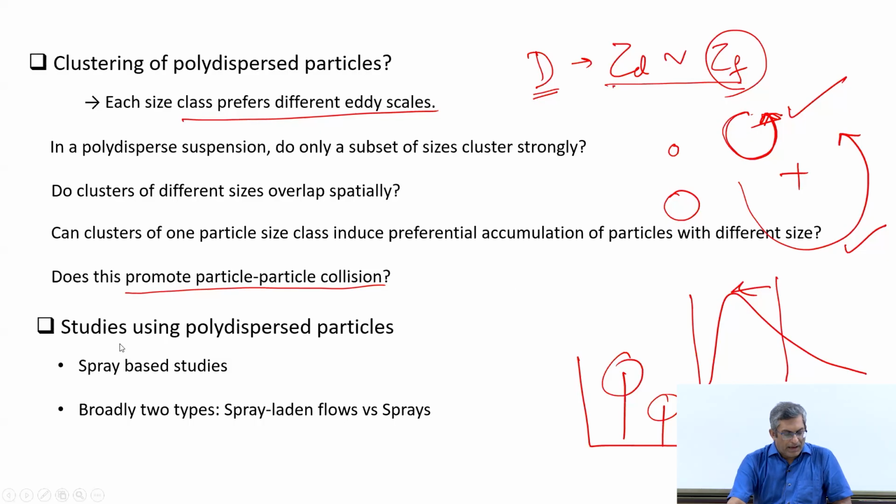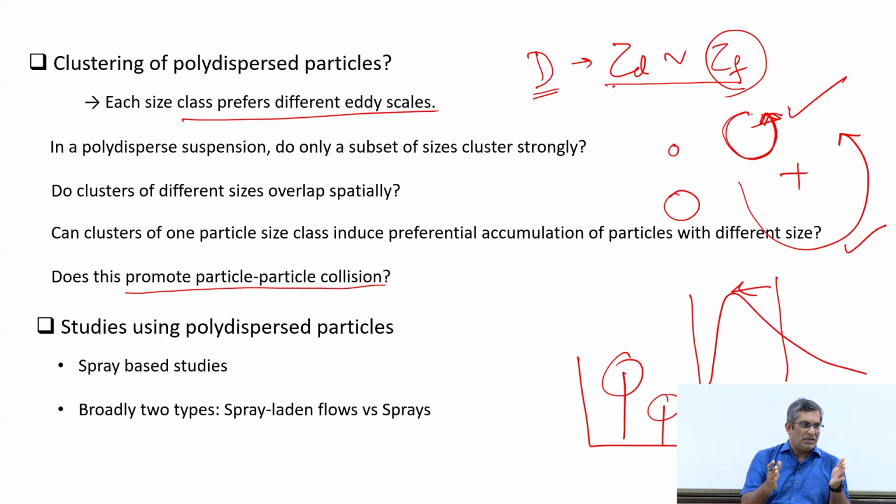Now, as far as studies using polydispersed particles are concerned, they are relatively fewer compared to what we discussed earlier. In the previous results that I had shown, we had a very narrow distribution of size, or monosize particles. In numerical simulation, you can strictly keep monosize particles, but in experiments it is difficult.